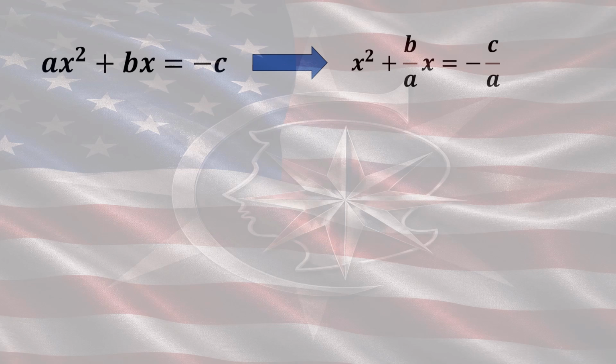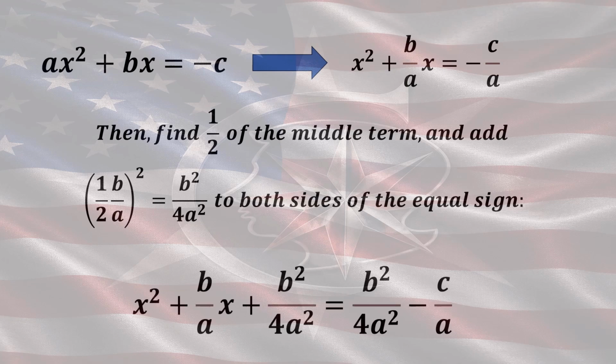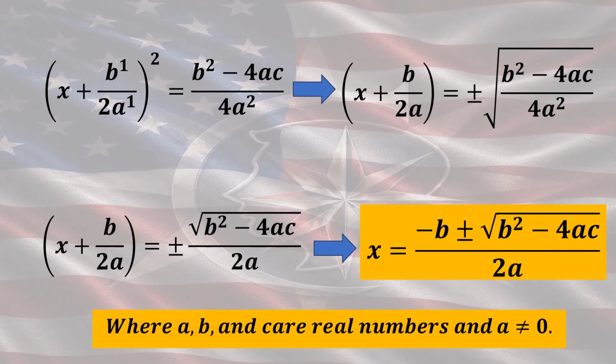X squared plus b over a times x equals -c over a. 3. Then find 1/2 of the middle term and add 1/2 b over a squared, which equals b squared over 4a squared, to both sides of the equal sign. X squared plus b over a times x plus b squared over 4a squared equals b squared over 4a squared minus c over a.